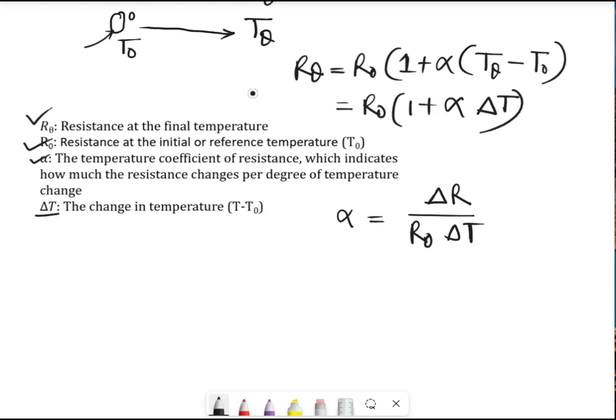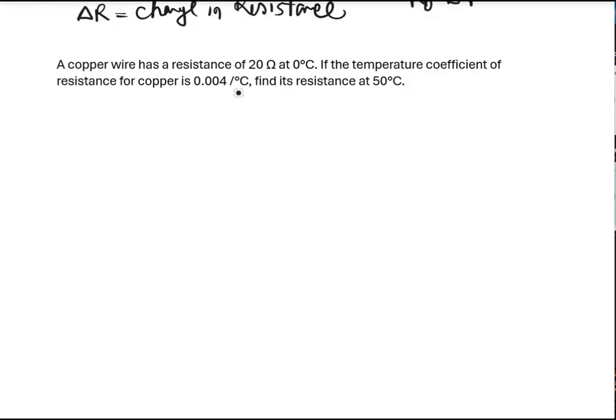And del T refers to the change of temperature. So this will be T theta and this will be T naught. And of course del R also refers to the change in resistance.